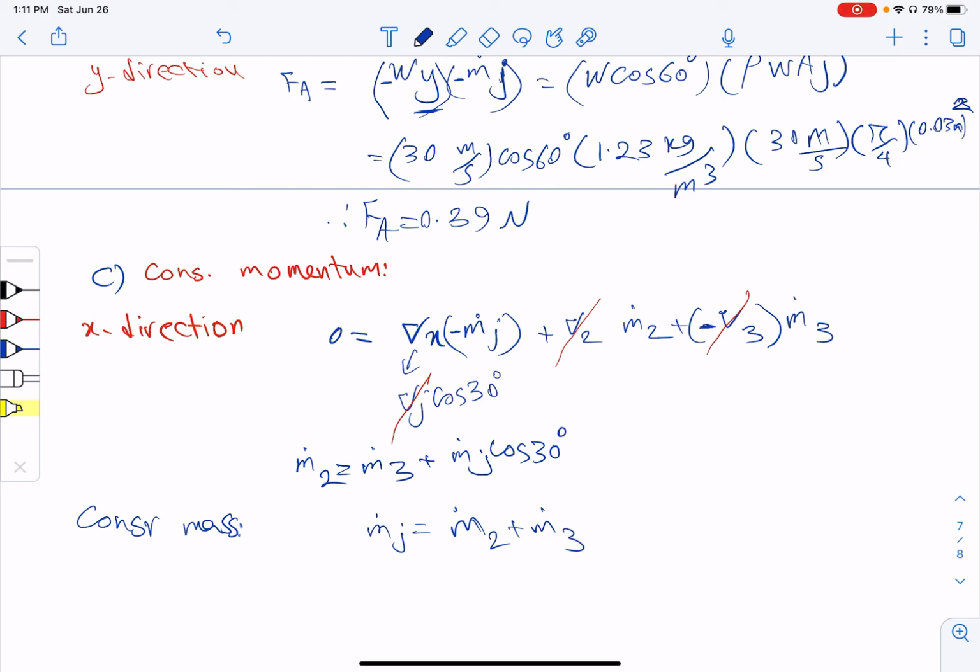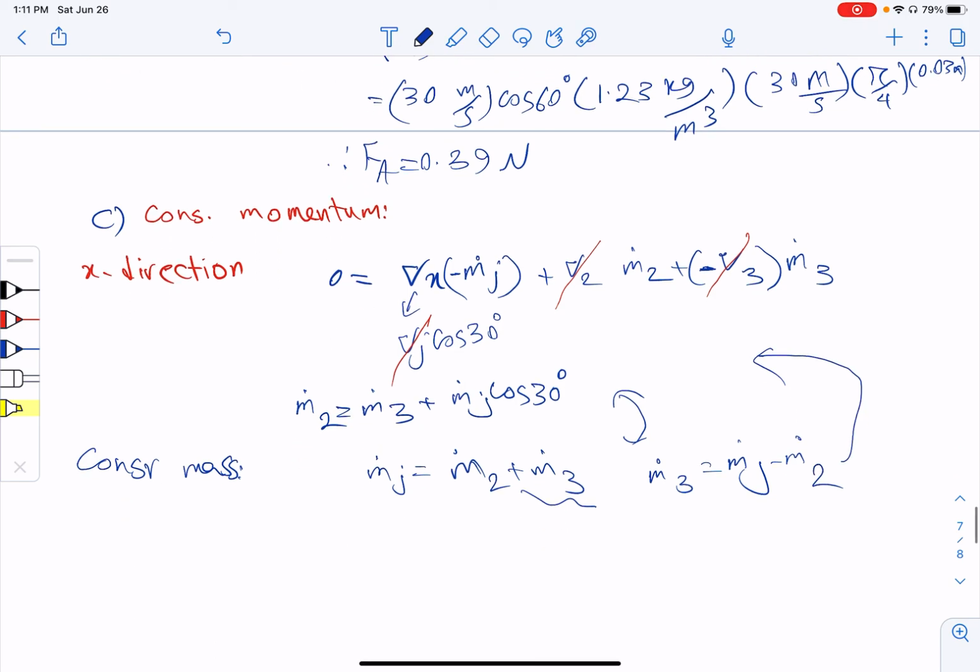Now if we use these two equations and solve this for m dot 3, we get m dot j minus m dot 2, and substitute that in this equation. So we get m dot 2 equal to m dot j minus m dot 2, for m dot 3, and then we have m dot j cosine 30 degrees.